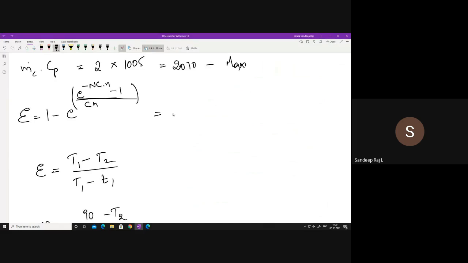సో దిస్ విల్ బి ఈక్వల్ టు 1 minus e to the power of, into e to the power of minus. n వాల్యూ 2 కదా వచ్చింది మనకి. 2 into the c వాల్యూ అంటే ఏంటి ఇక్కడ?